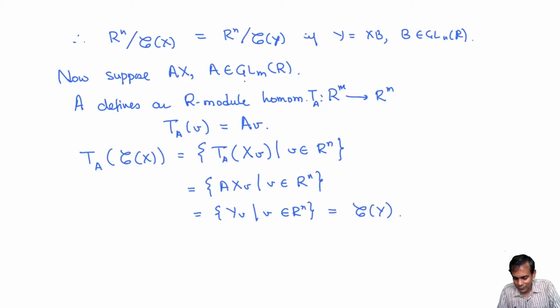So T_A maps the column space of X bijectively onto the column space of Y. It's an isomorphism of the column space of X onto the column space of Y.